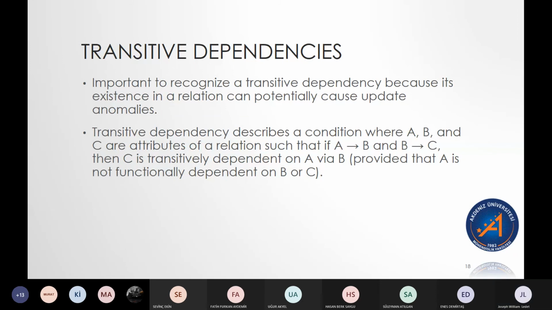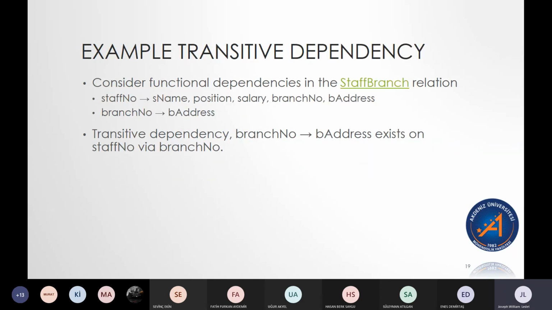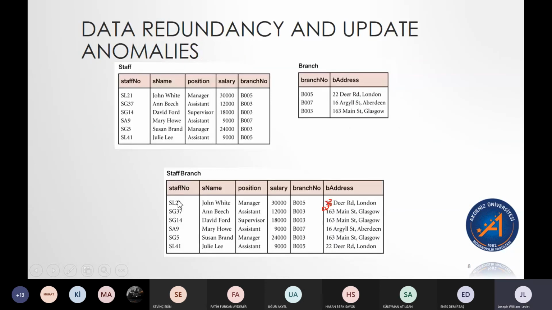Okay. So if we look at an example, we have staff number determines staff name, position, salary, branch number, and branch address in the staff branch relation. Staff number determines all the others: name, position, salary, branch number, branch address.